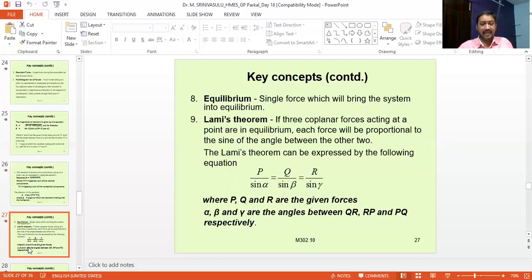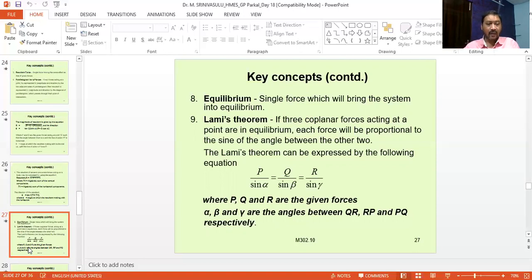So the equilibrant and the resultant have the same magnitude but act in opposite directions. Simply, we can define the equilibrant as a force which is needed to bring the system into equilibrium when a number of forces are acting, and it is equal to the resultant force in magnitude but acts in the opposite direction.